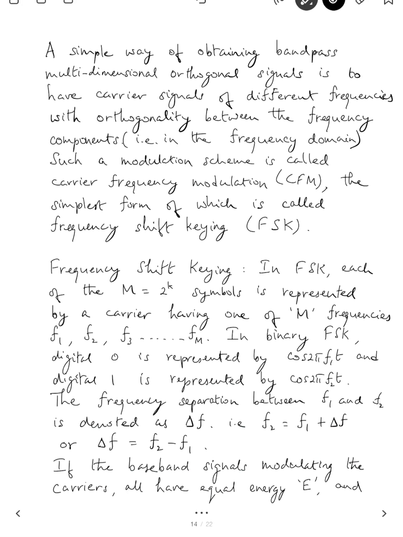One way is to simply use these baseband signals and multiply them with a carrier. But a simpler way of doing it is to directly have carrier signals which are of different frequencies, and then we select those frequencies in such a way that the carrier signals of different frequencies become orthogonal with respect to each other.